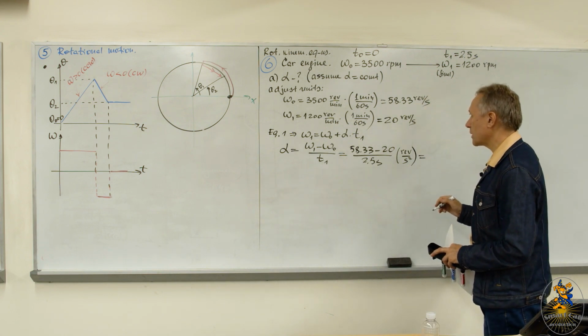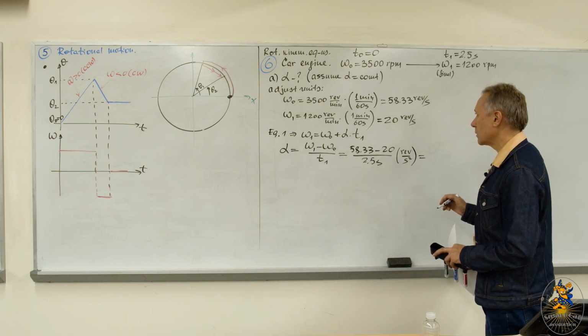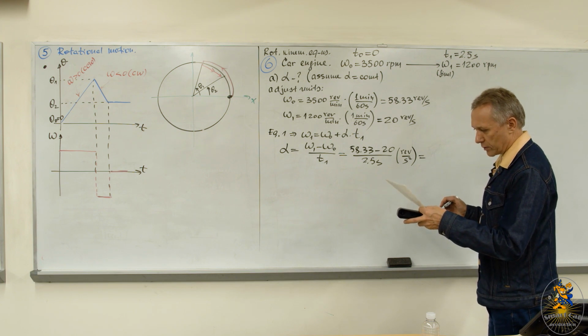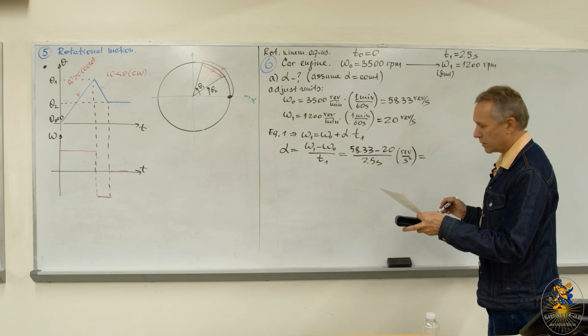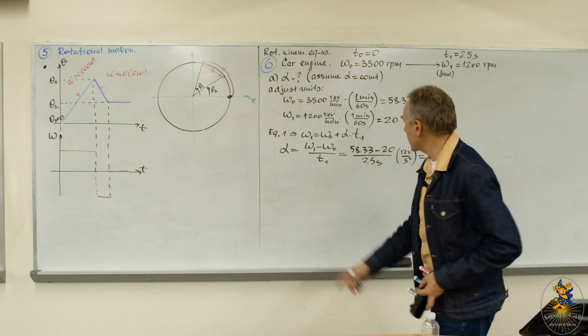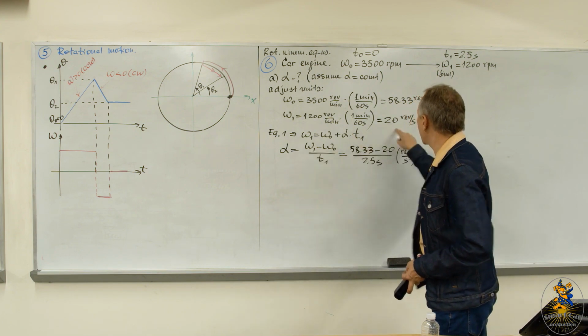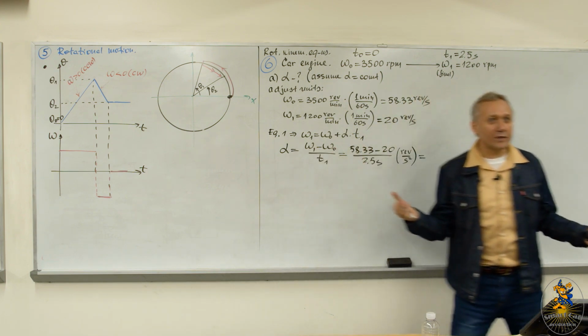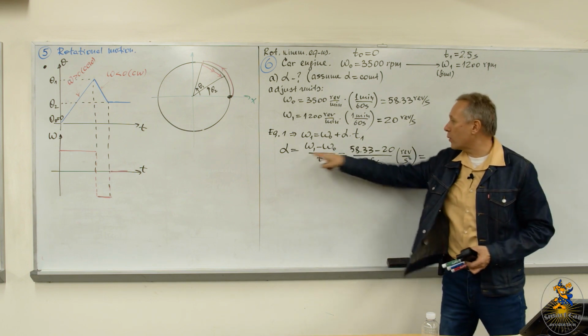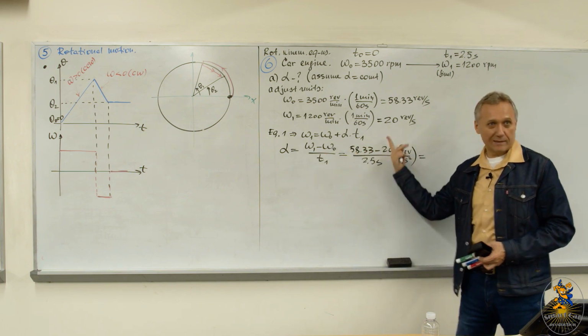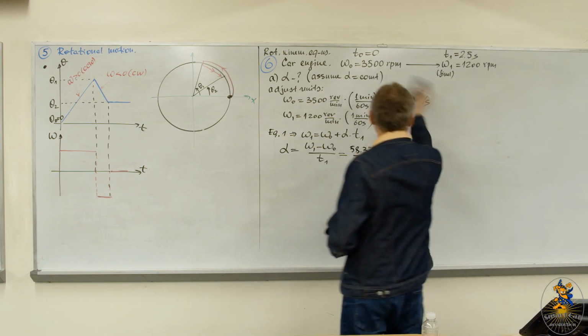So if you calculate, what did I get? No, something is fishy. I think I messed up. So omega 1 is 20. Okay, yeah, because I'm not getting a negative number. You see, omega 1 is 20, I just got confused with the numbers.